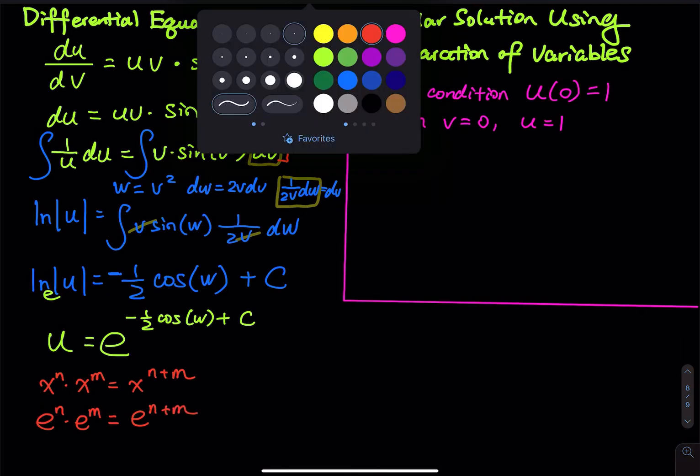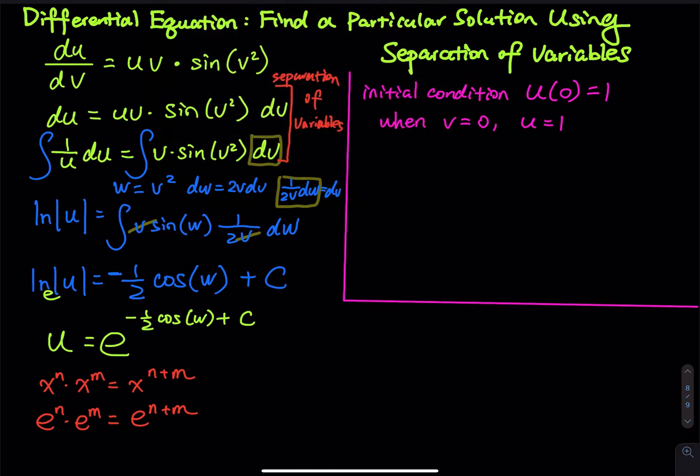That means u equals e to the negative 1/2 cosine w. Oh, by the way, the w, you have to put that back to v squared, right? Since w equals v squared, let me do this correction a little bit. So the w is now v squared, so you have cosine v squared, and then times e to the c.